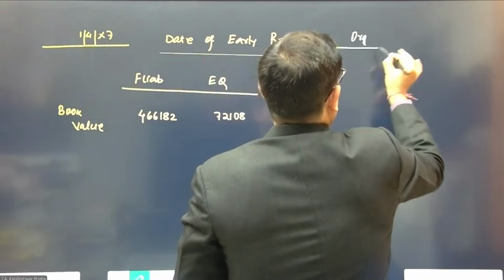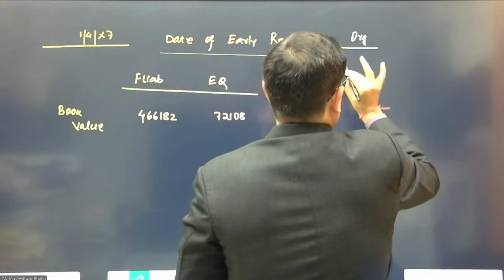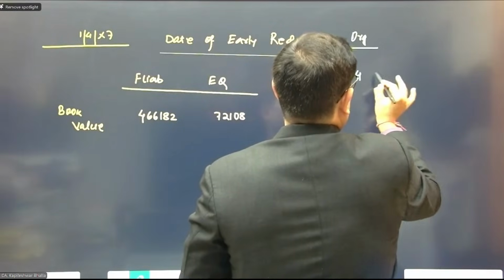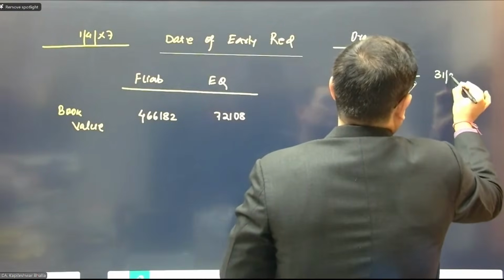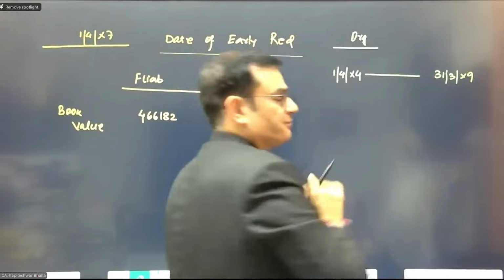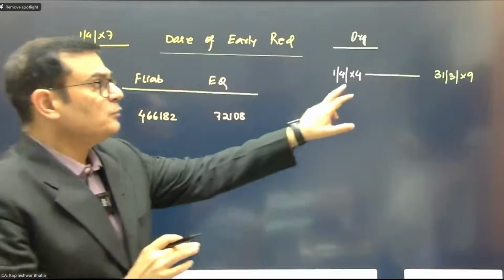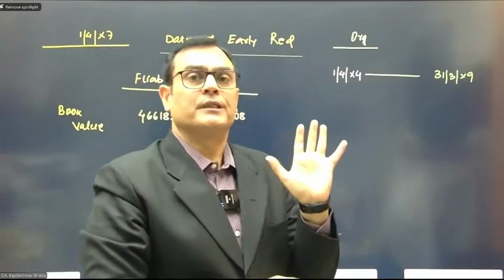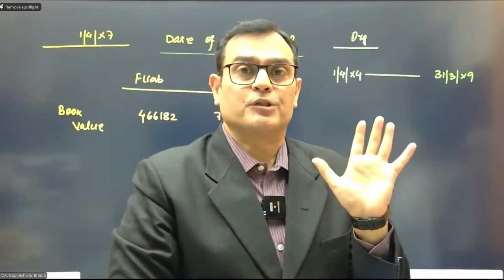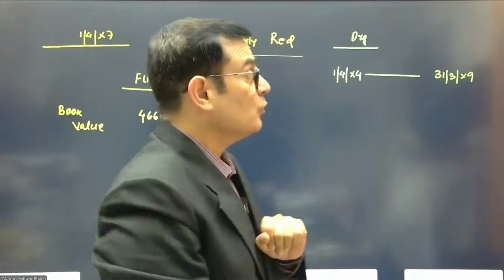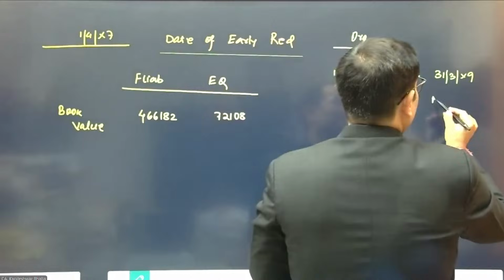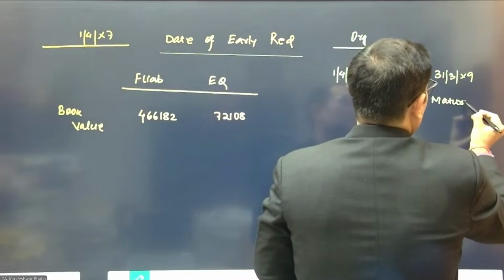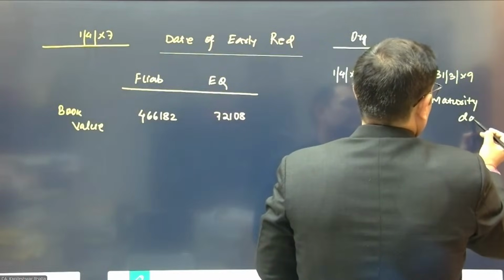Originally, we issued a convertible debenture on 1st April X4, which is maturing on 31st March X9. Originally, we issued a convertible debenture which has a period of 5 years of maturity. So this is the original maturity date.